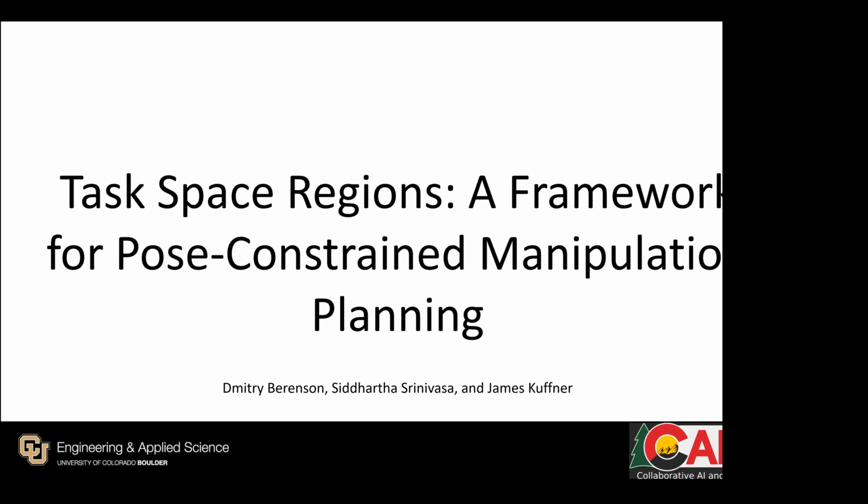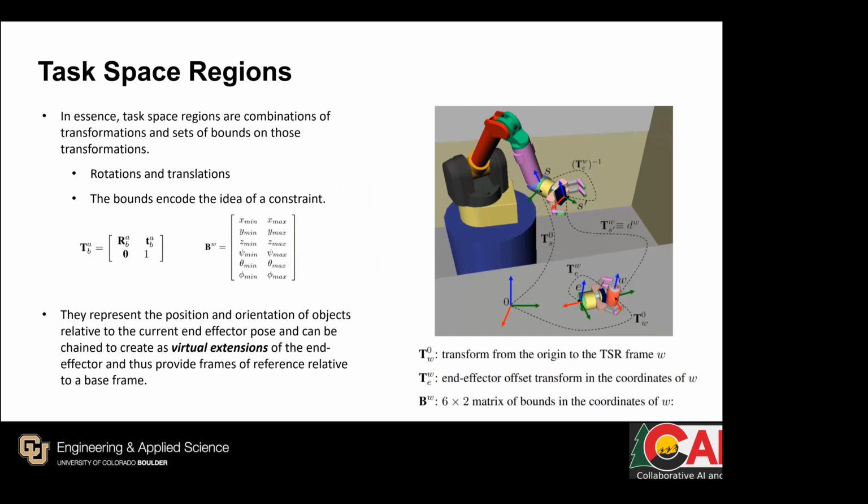And the reason I chose this paper is because Dmitry Berenson essentially extends Mike Stillman's work but introduces this notion of what's called the task space region that is a really expressive and intuitive way of expressing these holonomic, scleronomic constraints for motion planning. So let's jump right into this paper.